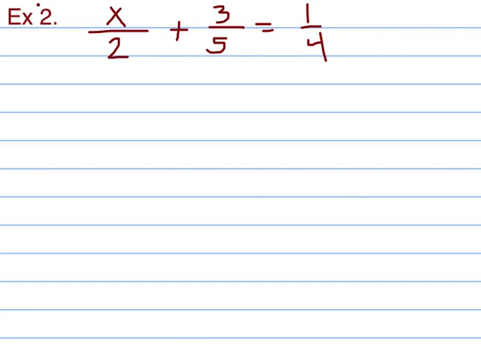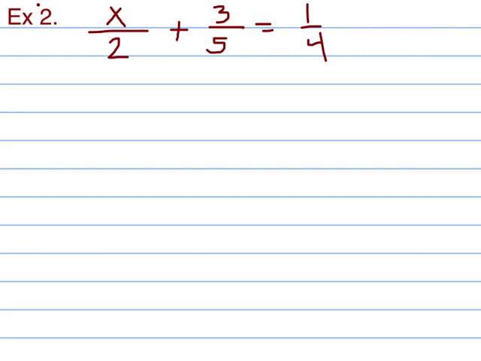So if you think of the multiples of 5, you have 5, 10, 15, 20, 25. If you go to the multiples of 4, well, first of all, 2 is a factor of 4, so you don't really need to consider 2 at all, because 2 does already go into 4. So we need the least common denominator between 5 and 4. The multiples of 4 are 4, 8, 12, 16, 20.